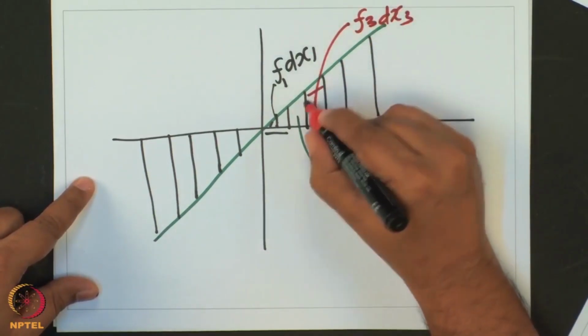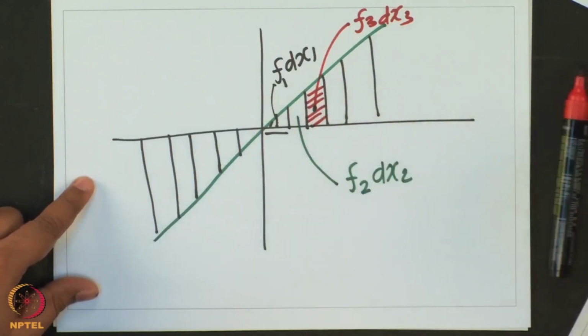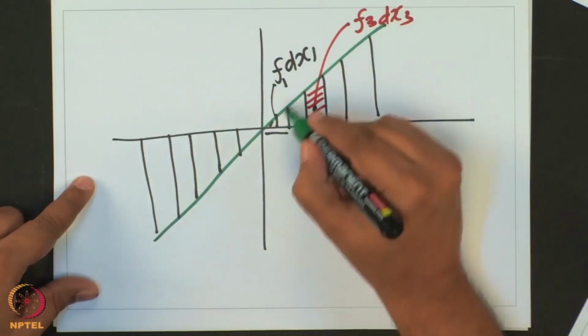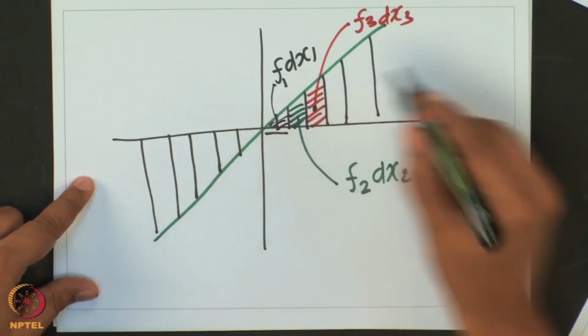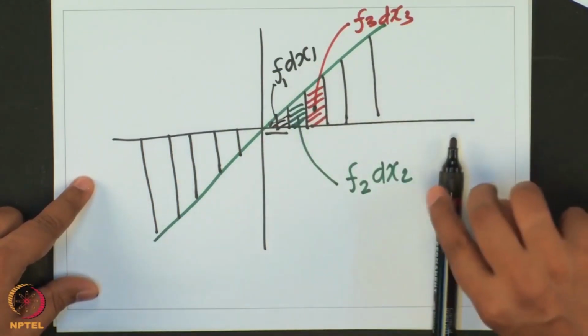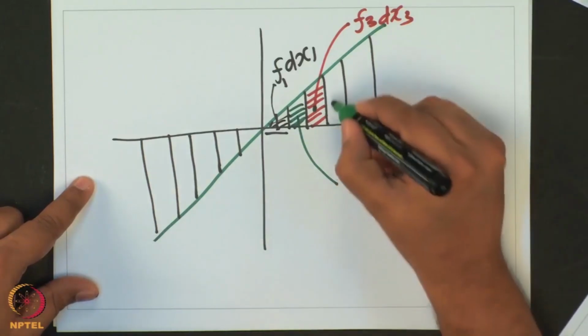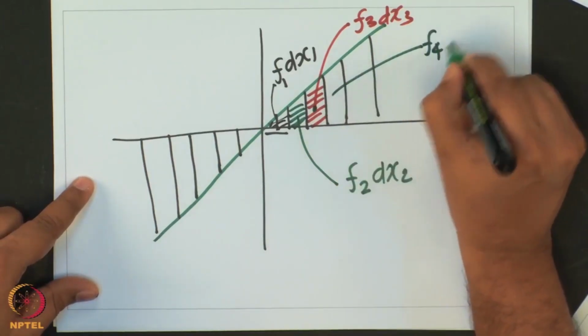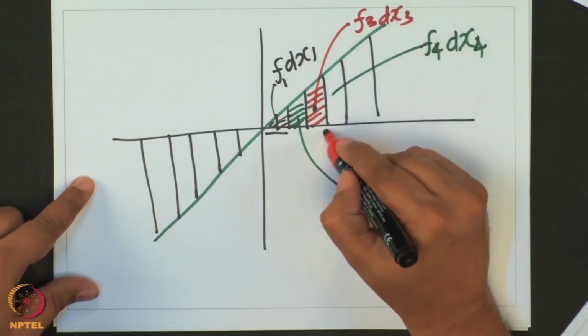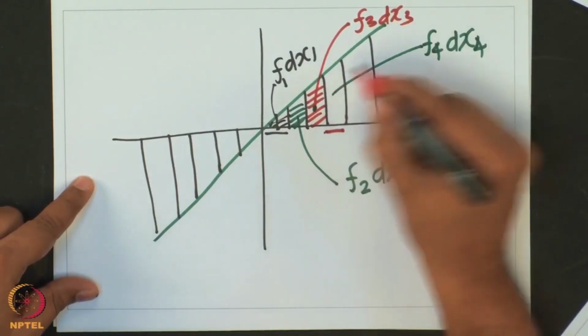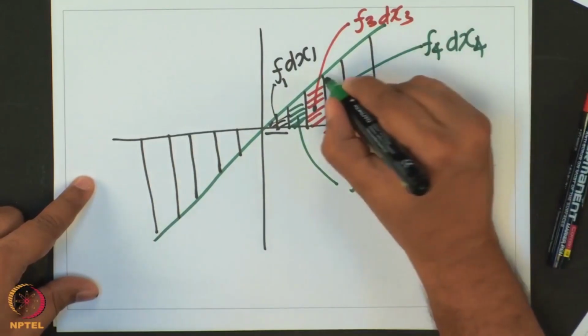This area would be f3 dx3, this area would be f2 dx2, and this area is f1 dx1. Similarly, this area would be f4 dx4, whatever this dx is times the function value there. So that would be this area.